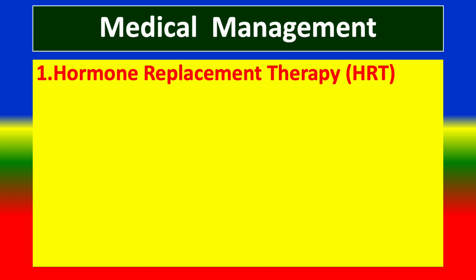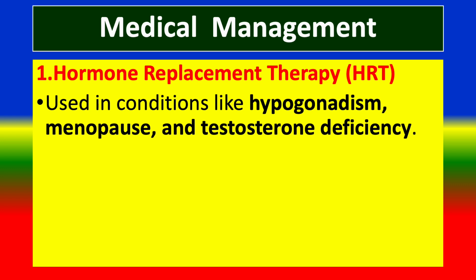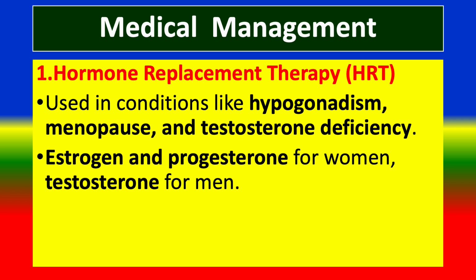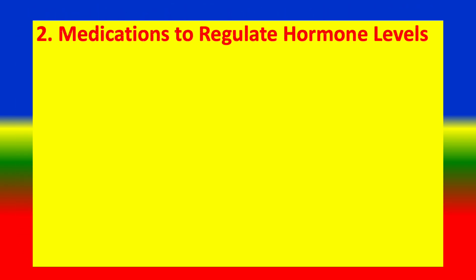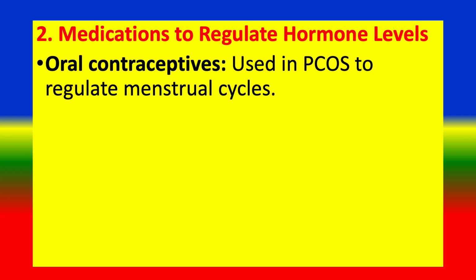Medical management. 1. Hormone replacement therapy, used in conditions like hypogonadism, menopause, and testosterone deficiency. Estrogen and progesterone for women, testosterone for men. Helps regulate menstrual cycles, improve bone health, and restore libido. 2. Medications to regulate hormone levels.